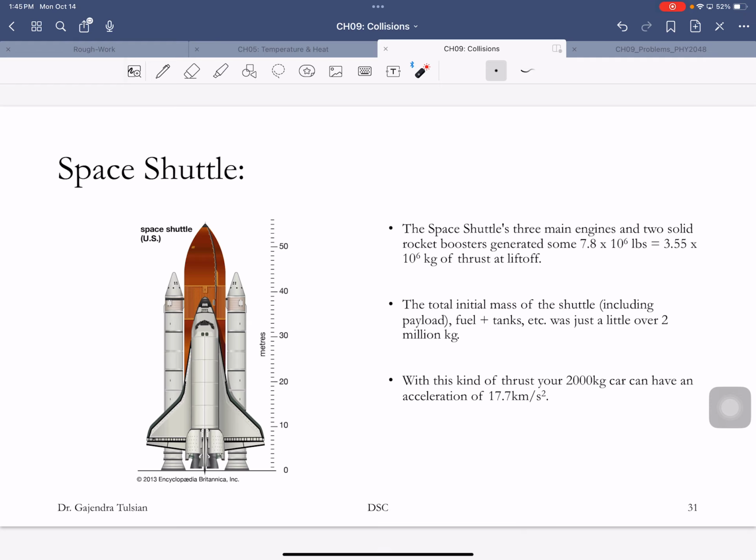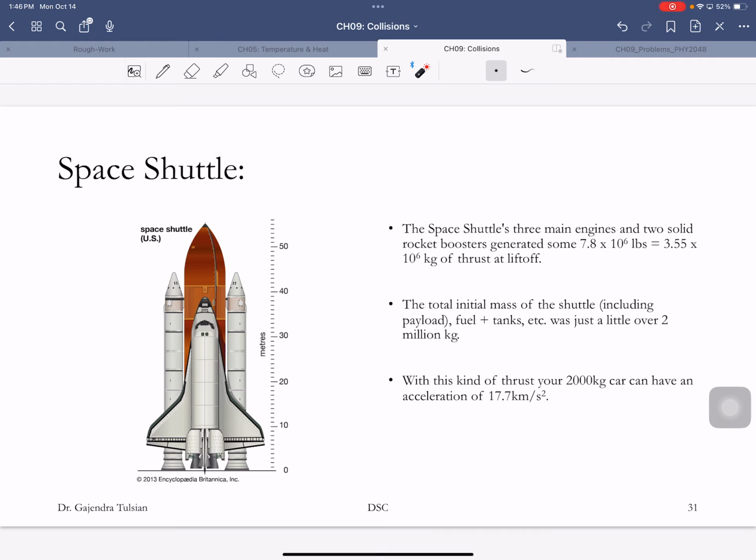When it's on the launch pad, it's heavy and you need a lot of thrust. So these guys were helping hands, the boosters. When you're heavy, these are the three main engines. The fuel for these main engines was contained in there. And these are the solid rocket boosters.